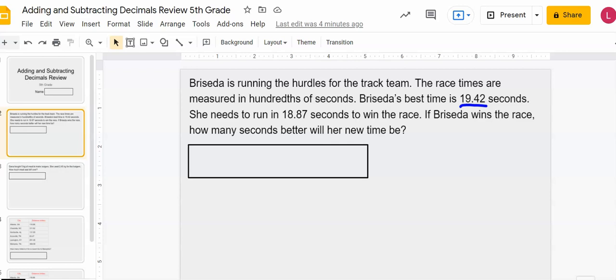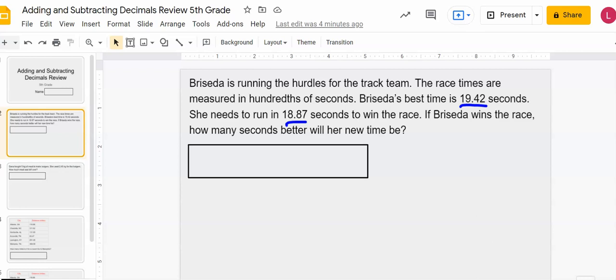But she needs to run 18 and 87 hundredths seconds to win. If she wins, how many seconds better will her time be? So we want to know what the difference is between these two numbers, between her previous best time and what she needs to do.